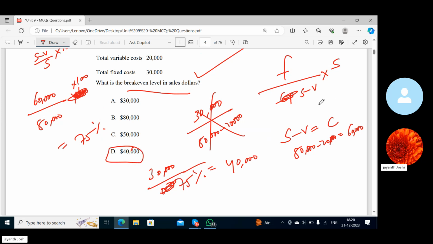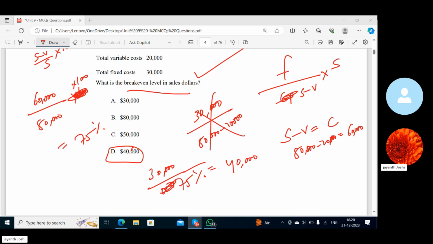Please note it down. If we take total sales, total volume in the formula, we are getting 40,000 only, sir. Okay, no problem. This one, total fixed cost. Okay, then we can take up that one.